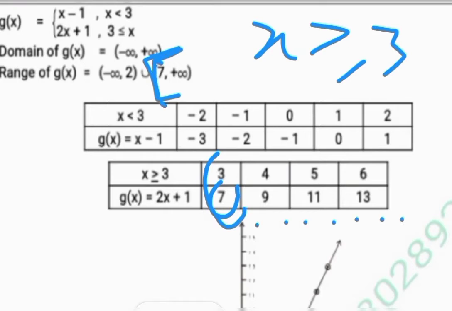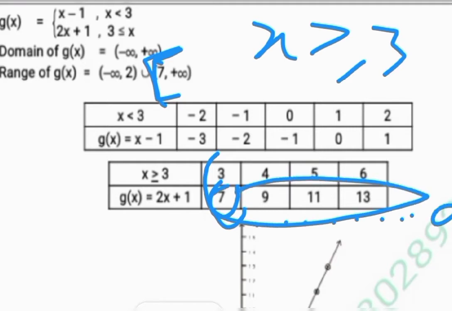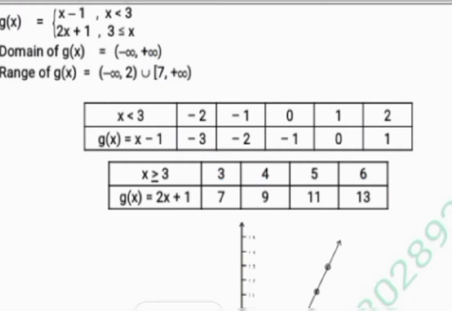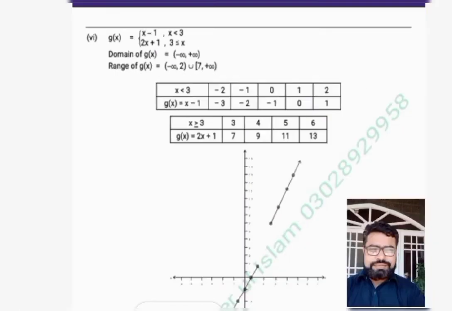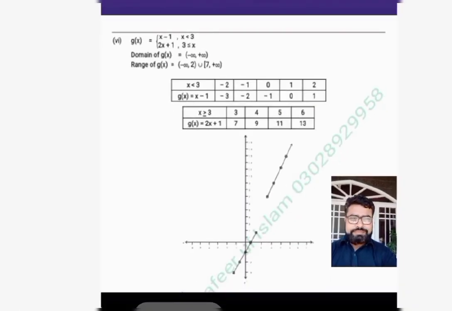After 7 these values are increasing, and this will continue till infinity. So this is the range of this piecewise function.